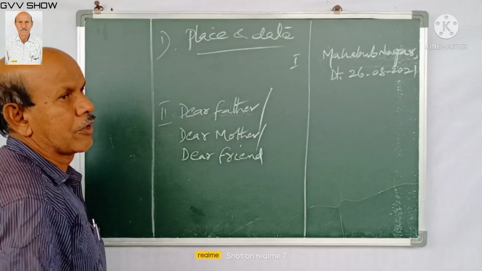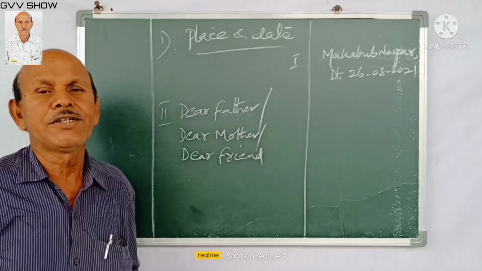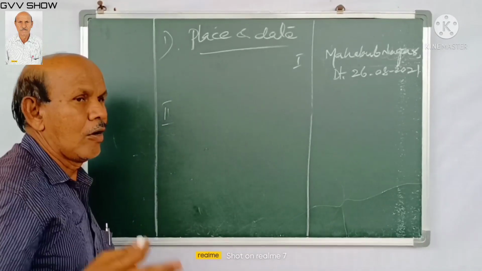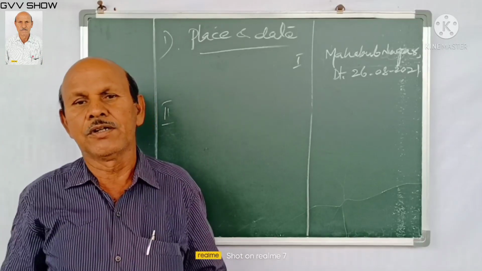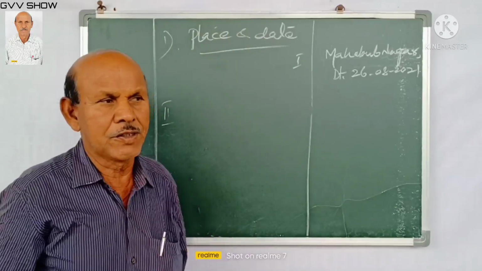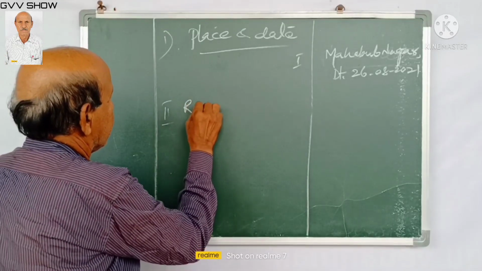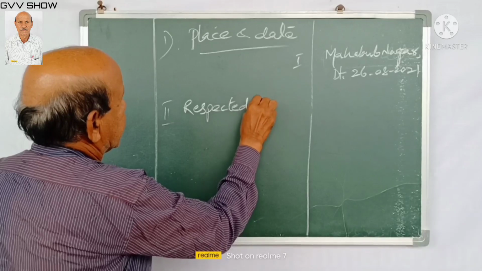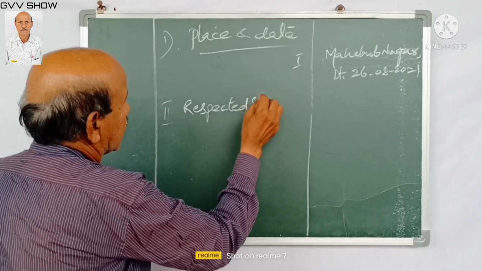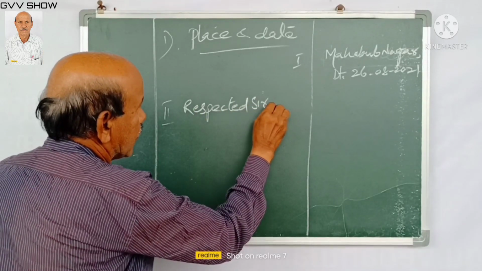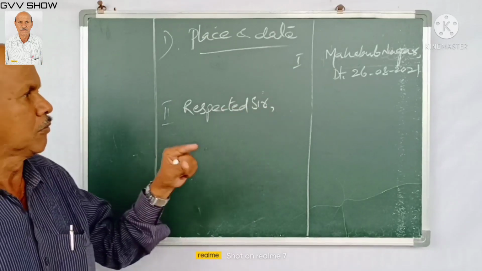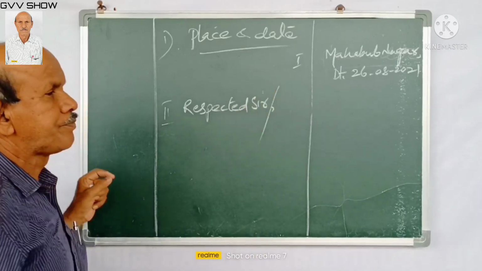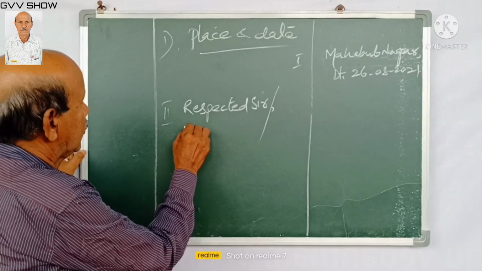Whenever you write to your officer, your principal, your headmaster, your superior officer, you write respected sir. Whenever you write the consolation, you must put a comma. Dear father, dear mother, dear friend, then a comma.